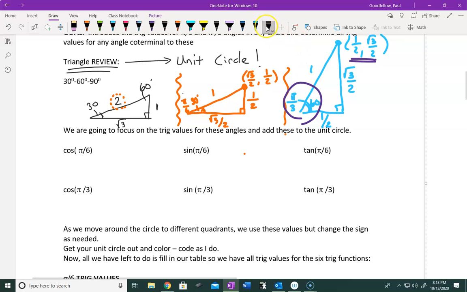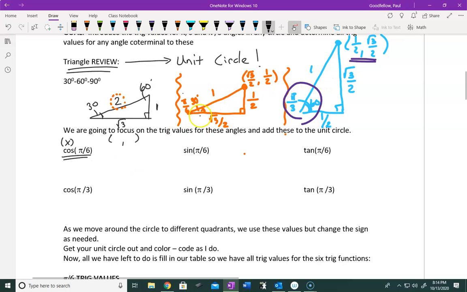Now, what they're really meaning here is that you've got to come up with an actual answer to cosine of pi over 6. Okay, now cosine of pi over 6 is asking for the x component of cosine. Cosine's for x and sine is for y. That's a good thing to remember. And then they're asking what is the x component of the coordinate at the pi over 6 location.